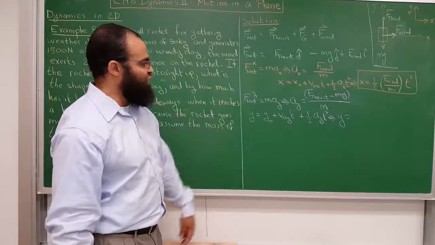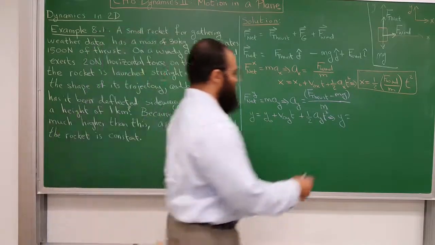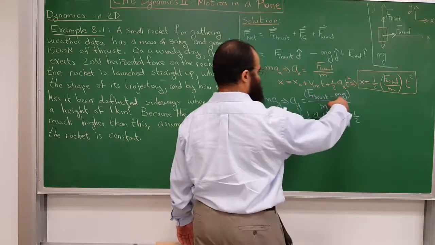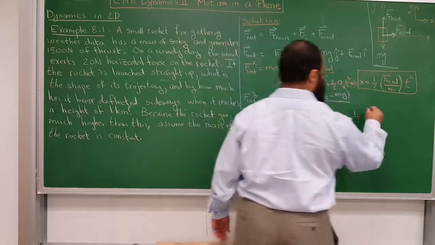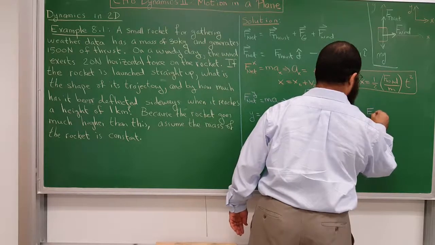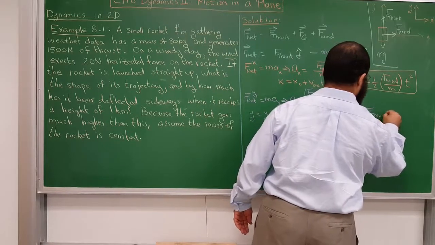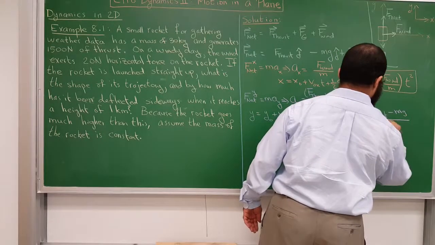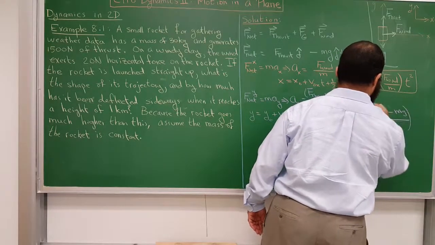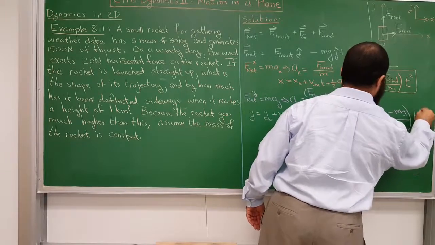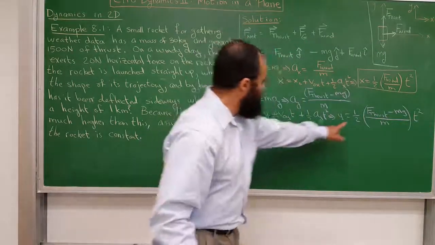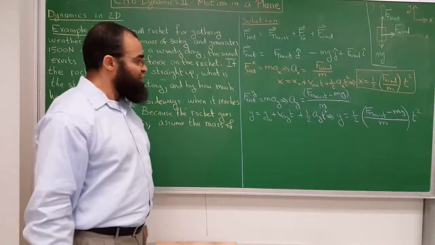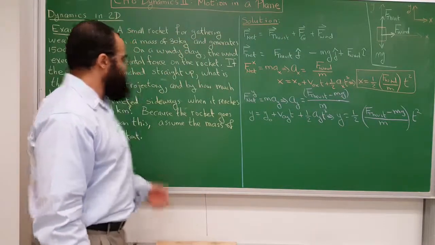So you just have 1/2 a t squared. So y will be 1/2 times the acceleration in the y direction, which is the force of the thrust minus mg divided by m, times the time squared. That's good. So now, are we done?